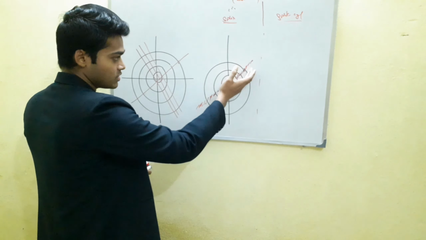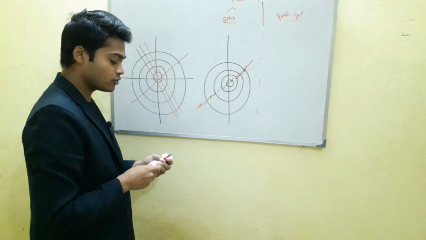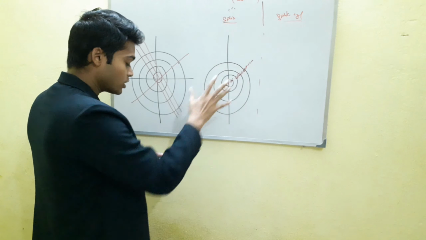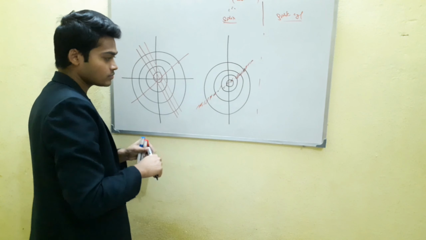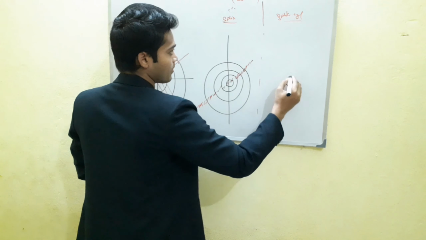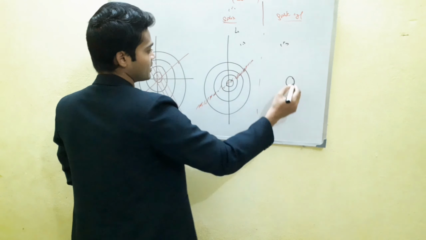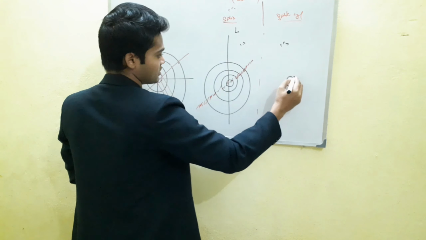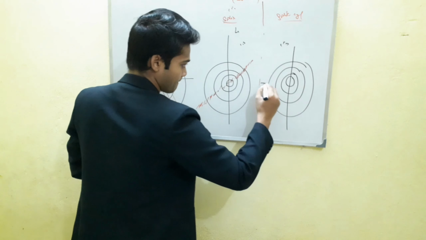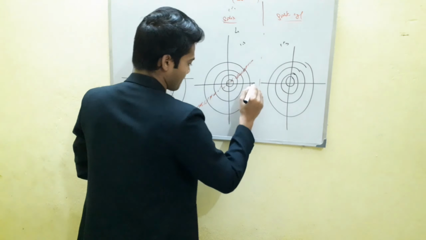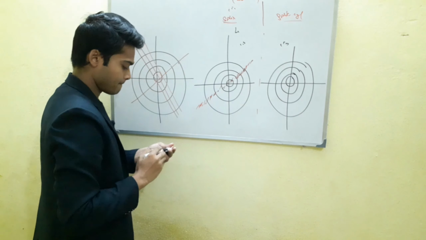If you see this type of dotted image, you are close to neutralizing. If it is totally neutralized, if this is the first image, then the second image you will see is simply this dot, which means perfectly neutralized.